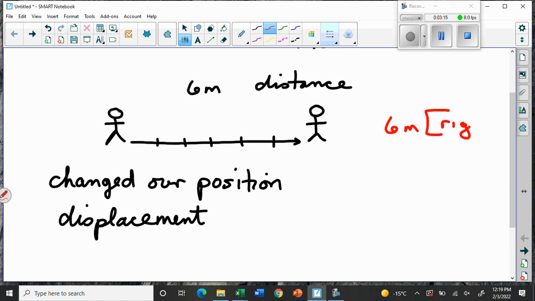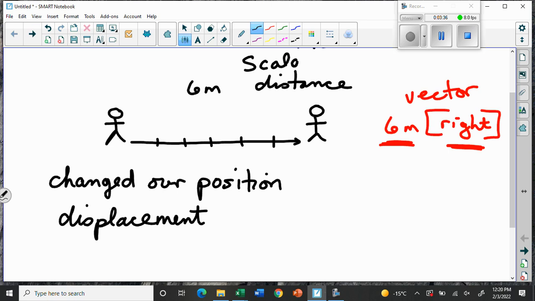And by adding that direction, we have now created a more complex number with two properties, a number that tells us how much, but also which way. And that's, of course, what we call a vector. And the other one, the distance, was called the scalar, right? It doesn't have any idea or any connotation of the direction.